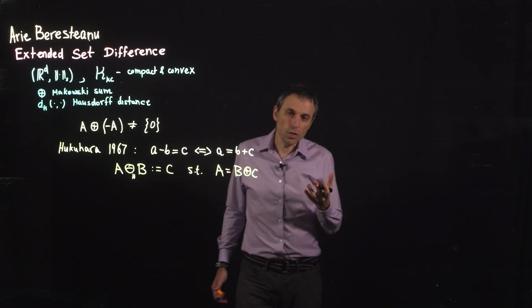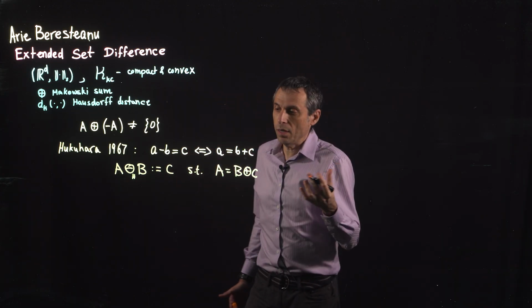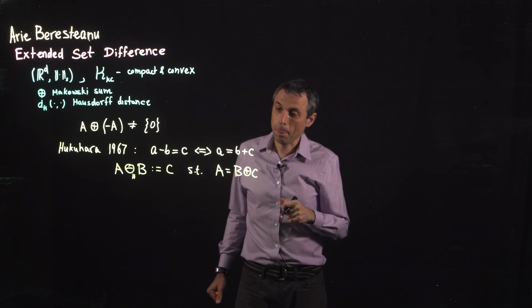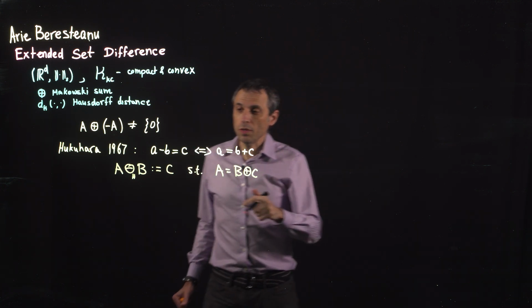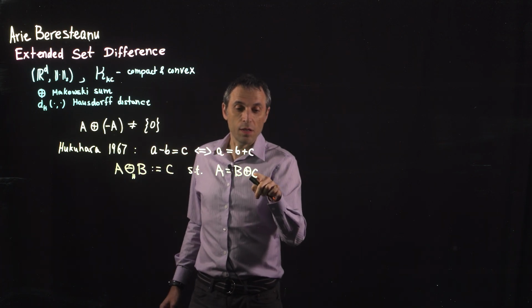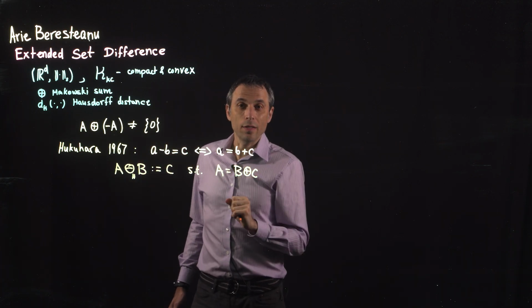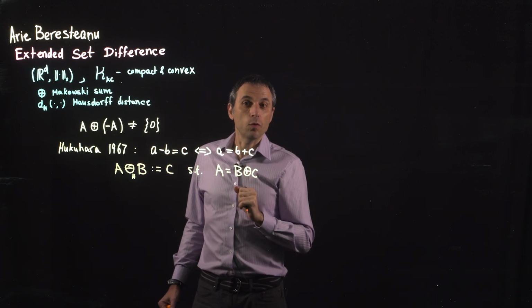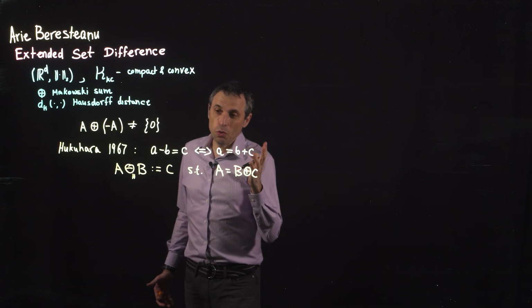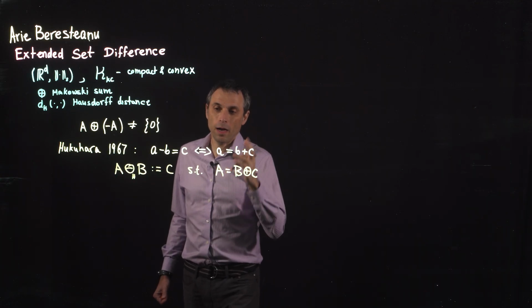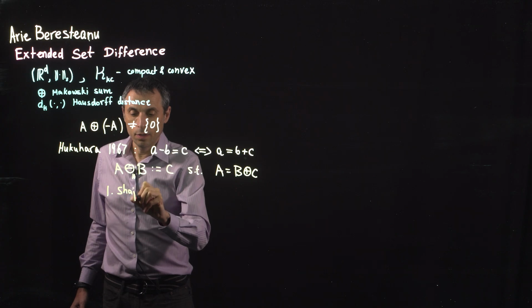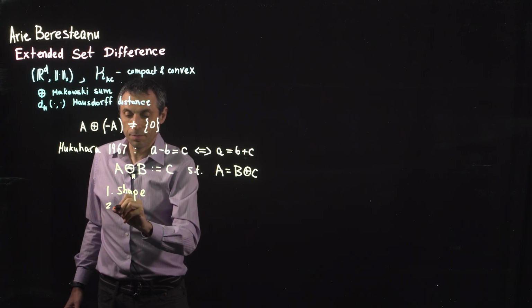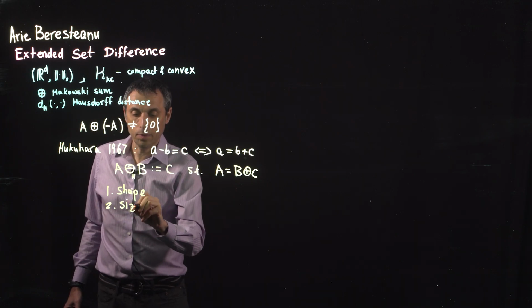Now the question is, is this a good definition, in the sense that does it always exist? And the answer is no. Not necessarily can you find a set C such that you add it to B and it will be equal to A. There are two problems here. One is shape, and the other one is size. Here is what I mean by that.